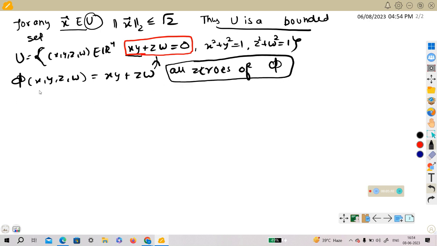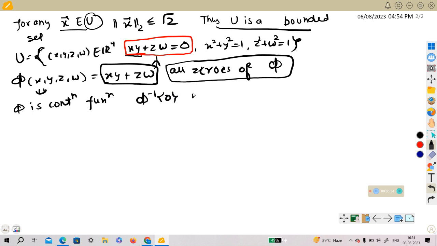Now phi is a continuous function, again polynomial. Okay, so phi inverse 0 is a closed set, and phi inverse 0 contains all zeros of phi.